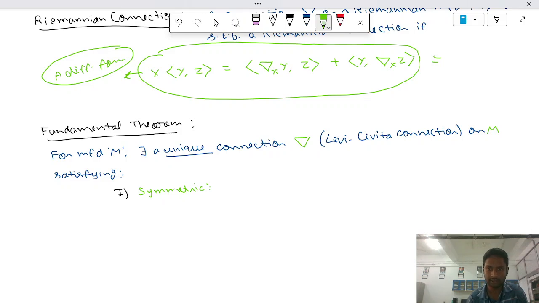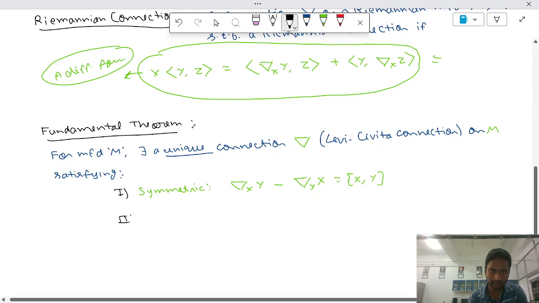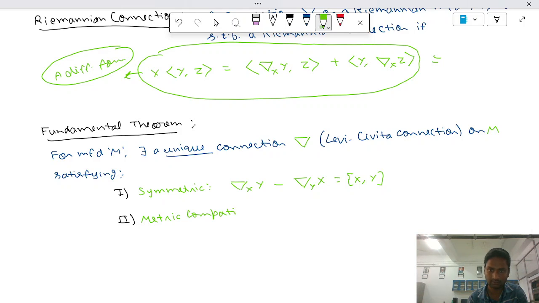What was the symmetric condition? The symmetric condition was nabla x y minus nabla y x equals the Lie bracket of x y. And the second condition is your metric compatibility. So the metric compatibility is simply this.